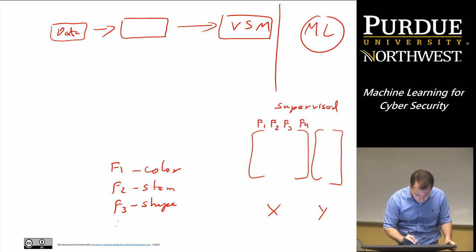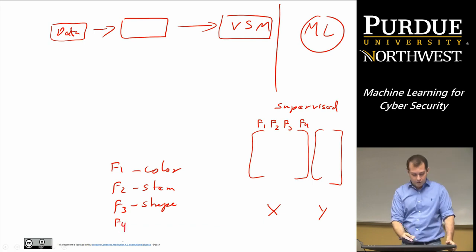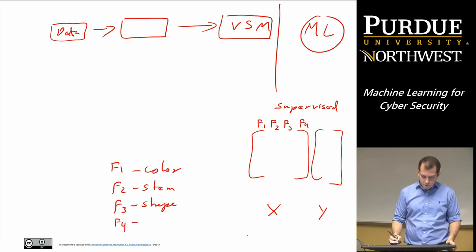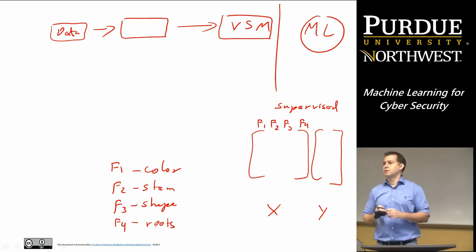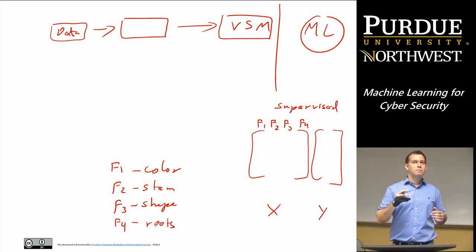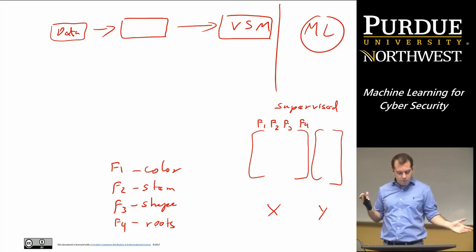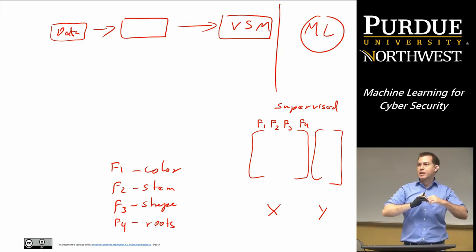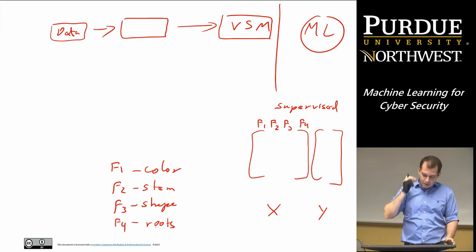F4, just so I keep it consistent with iris, something with the roots, right? The petal. Somebody said the petal. Yeah, something like that. There's some shape, but it's a metric, so it's a length, or something like that. So now we have F1, F2, F3, F4.